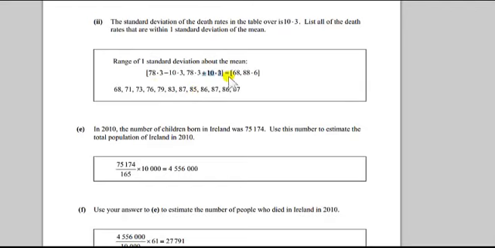So this is the range that we are interested in. We're interested in all the death rates between 68 and 88.6. Okay, so those death rates will be within one standard deviation, that is 10.3, of the mean, which is 78.3. So here is a list of those values.